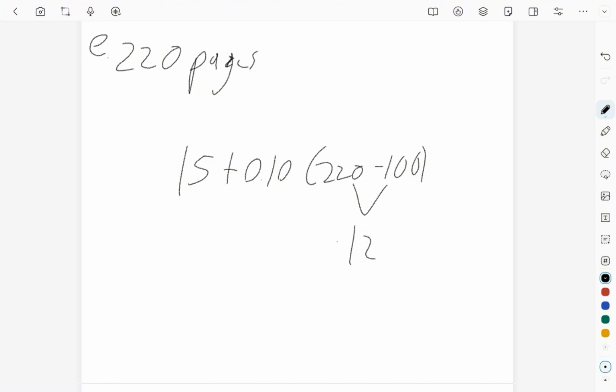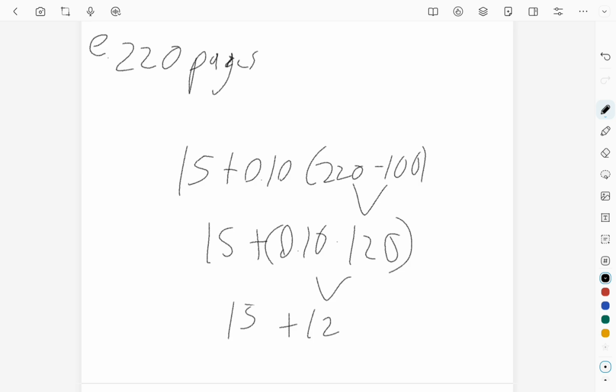I almost forgot, it says 220 pages. We're going to do this first. That's going to be $12 plus the initial cost. So the total for a monthly bill for 220 pages is going to be $27.